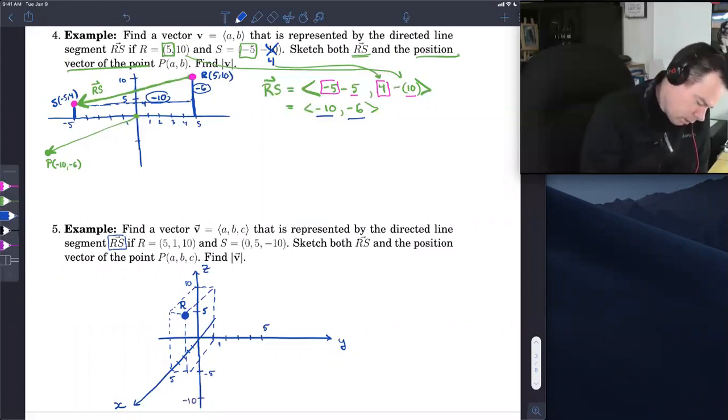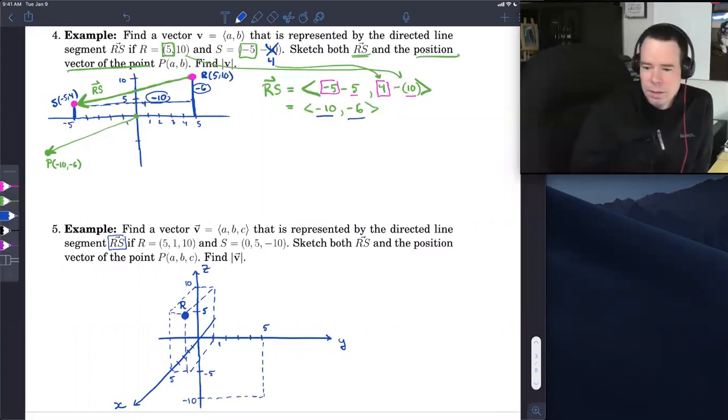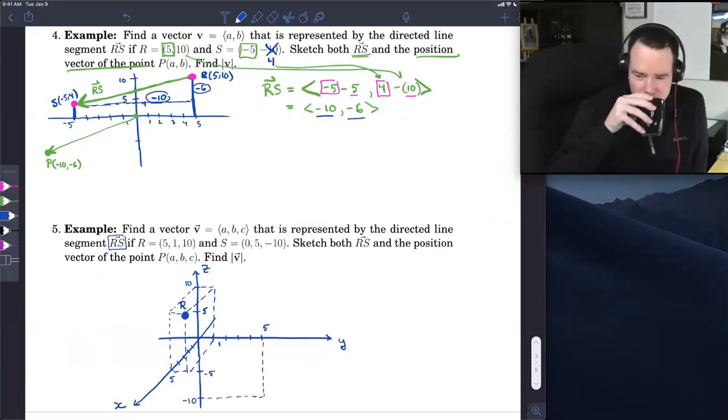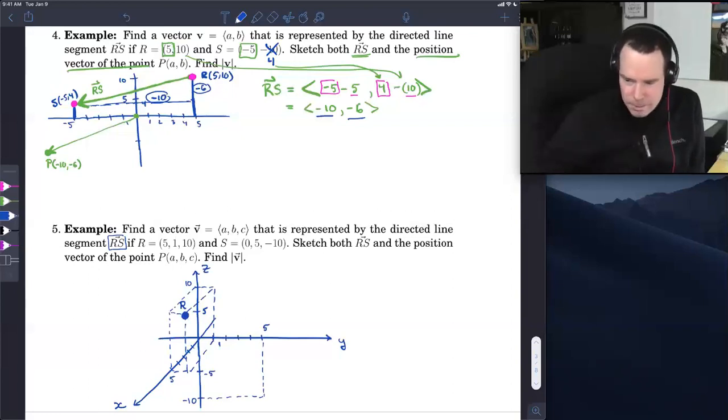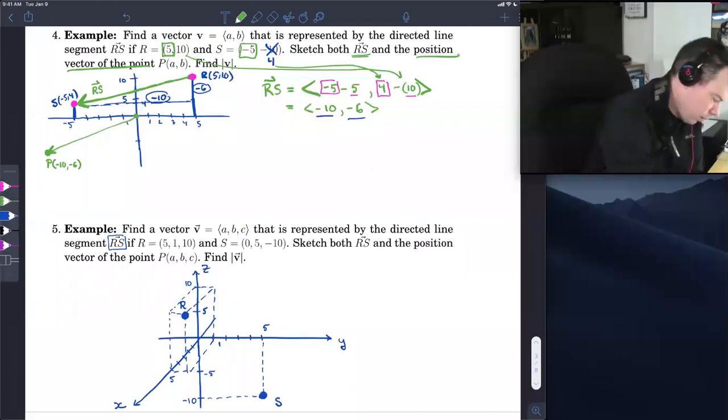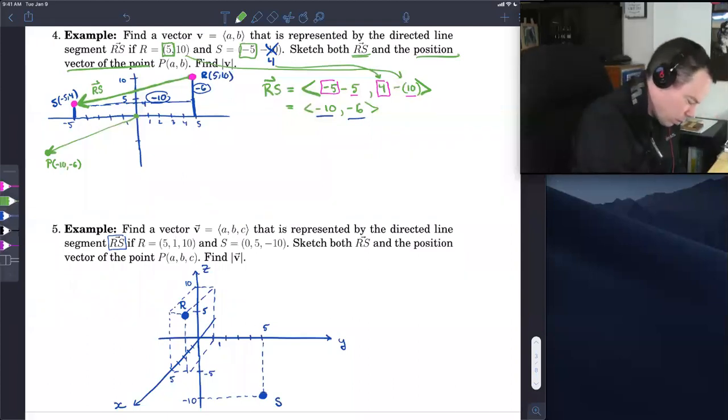In this case, our rectangular box is really just a rectangle because the point lives in the YZ plane. Its x coordinate is 0. So the point is sitting right there at the bottom right-hand corner. And so that's S. And the vector we're looking for is the vector that starts at R and goes to S.